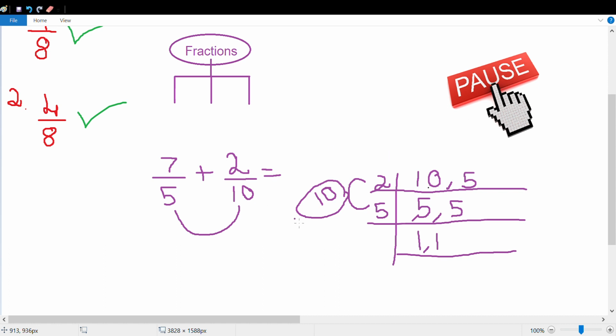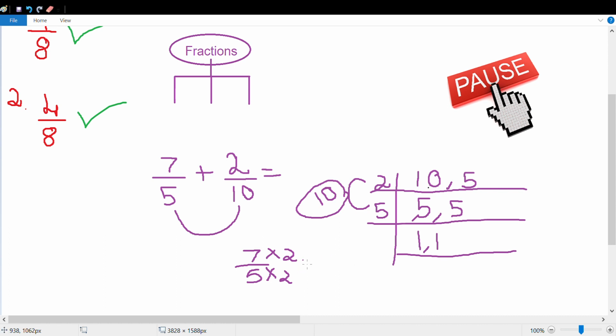So that's our denominator. Now what we have to do is take 7 by 5 here. We have to multiply it by what gives us 10. 10 is our denominator, so we have to make the denominator which is not 10 into 10. 5 into what gives you 10, which is 2. That applies to the numerator too.